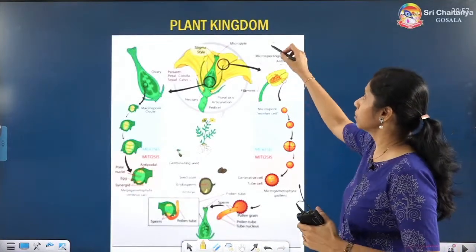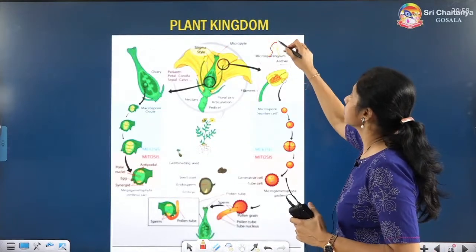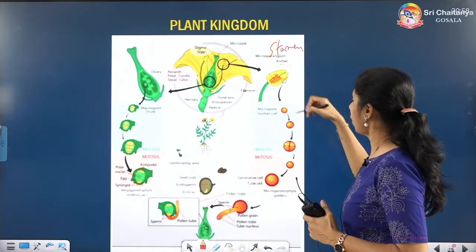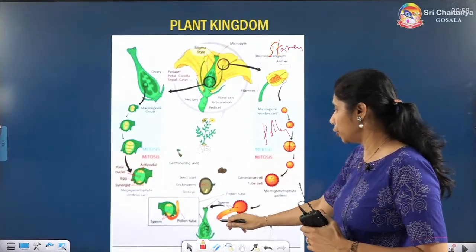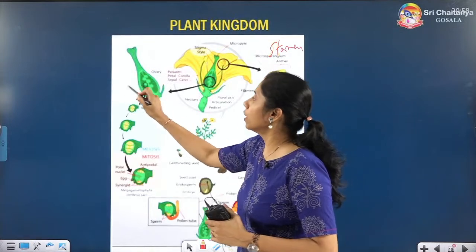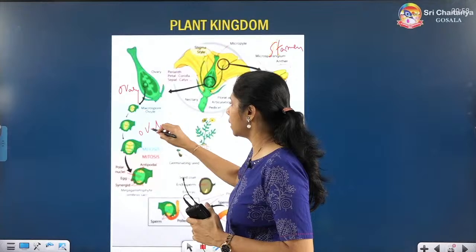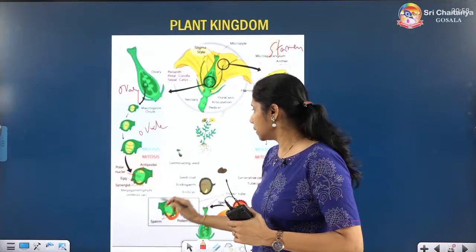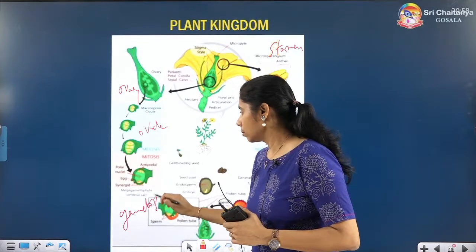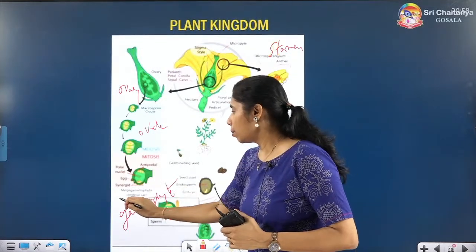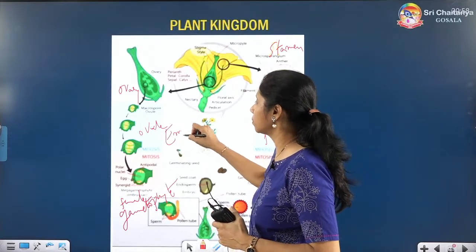This is the stamen. This is the pollen grain. Okay, pollen grain is formed, pollen tube is growing and this is the ovary. Okay, this is the ovule inside and inside the ovule this is the female gametophyte, which is also called as embryo sac.